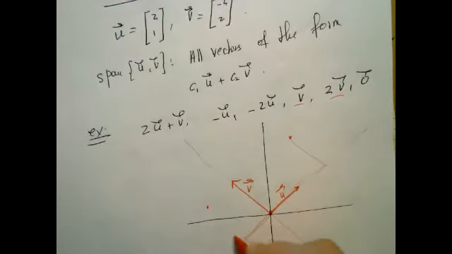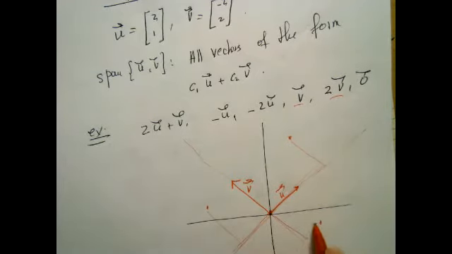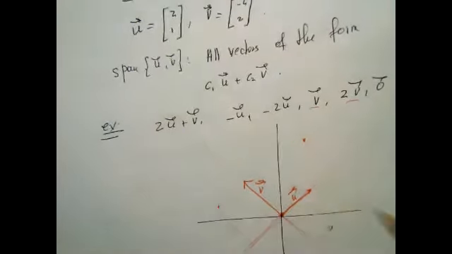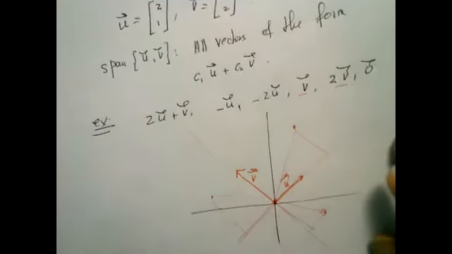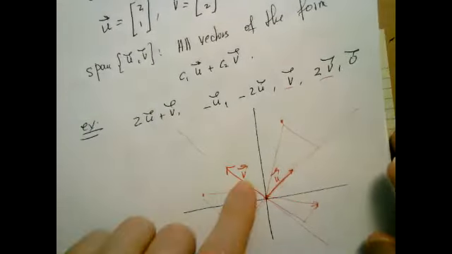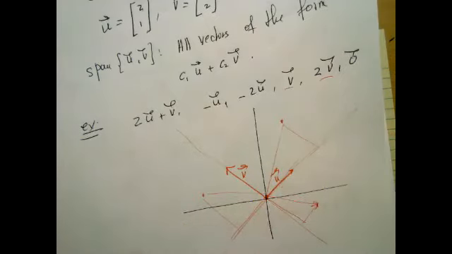We can go backward and then we can move here. Again, that's why I can go a little bit like this, then a little bit like that. So if I pick any vector here in R2, I can get to it by using U and V.